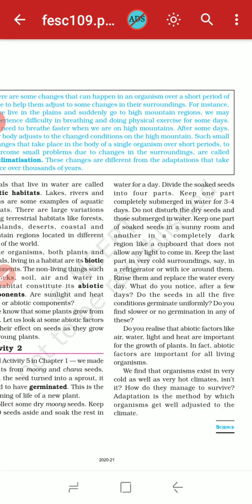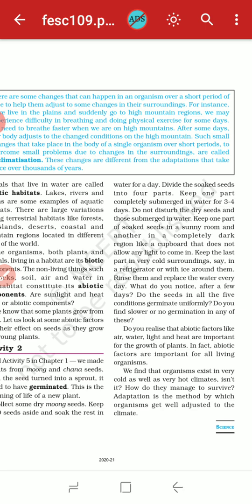Keep one part completely submerged in water, that means inside the water, for 3-4 days. Do not disturb dry seeds and those submerged in water. Keep one part of the soaked seeds in a sunny room, and another in a completely dark room. You can also keep it in your wardrobe or a cupboard that does not allow any light to come in.